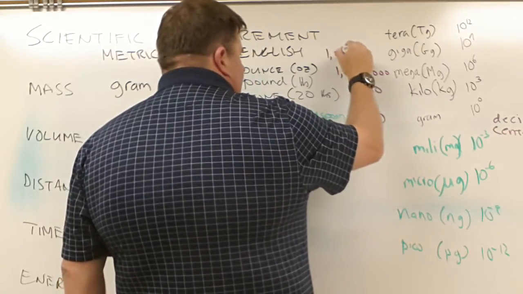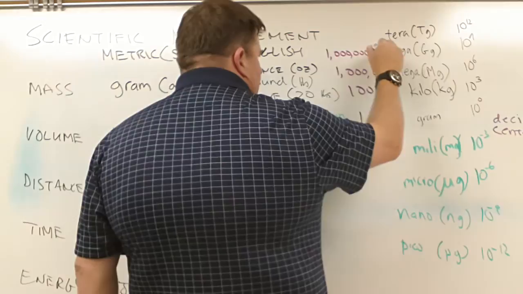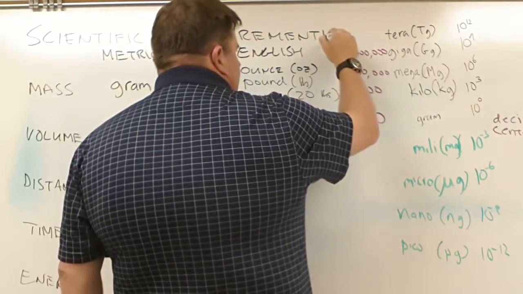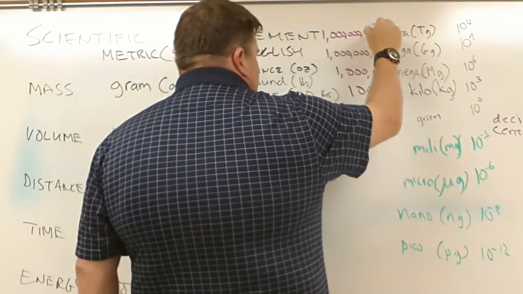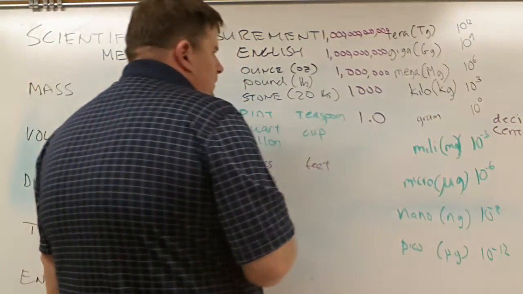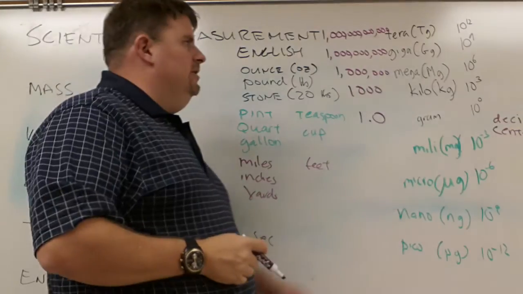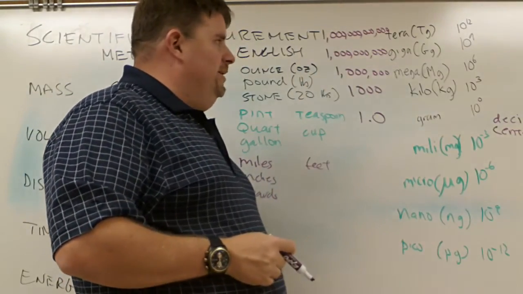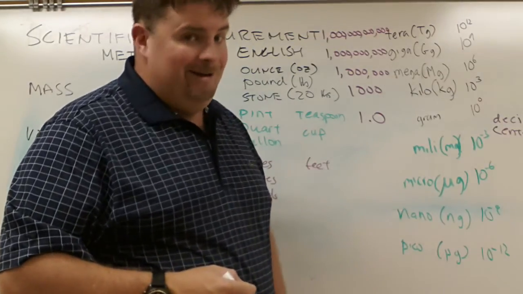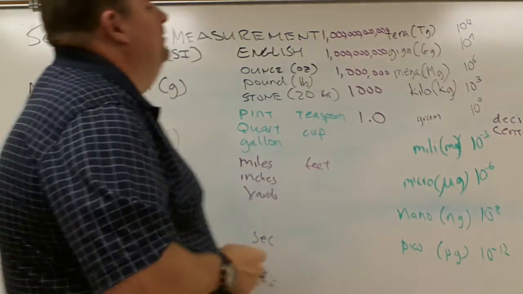Giga, that's 1,000,000,000 grams. And tera is 1,000,000,000,000 grams. Okay, give you an idea. Our government is getting close to $20 tera in debt. That's a lot of zeros.